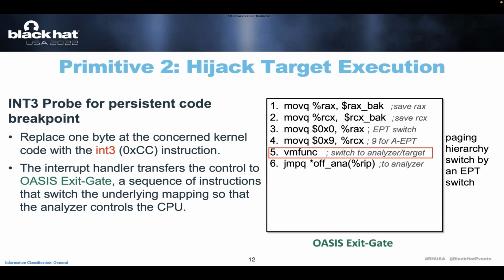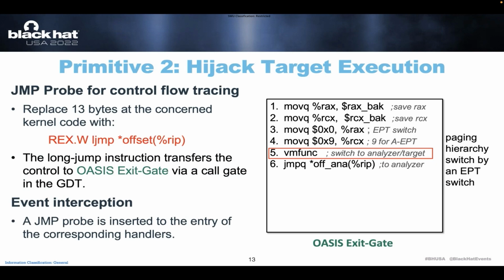I won't go into the details here. Basically, this will make a paging hierarchy switch so that the instructions that run afterwards will be from the analyzer's address space, not the kernel's address space. That's why we call it exit gate, meaning the execution flow will switch from the target kernel to the analyzer.